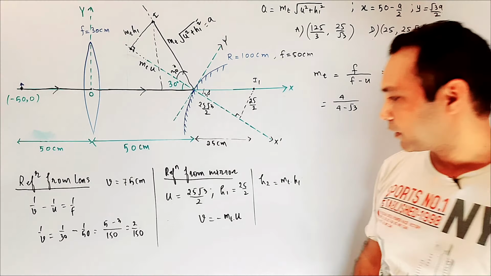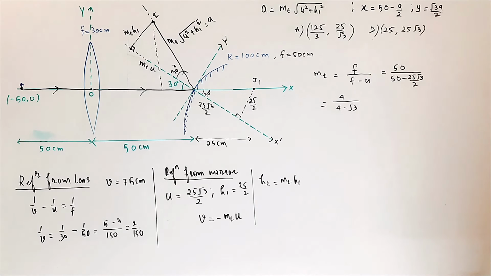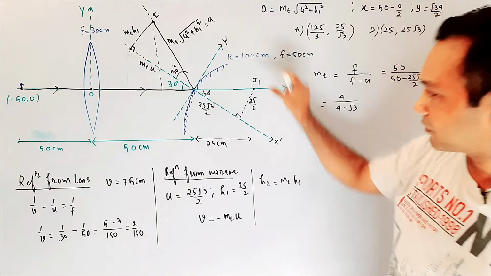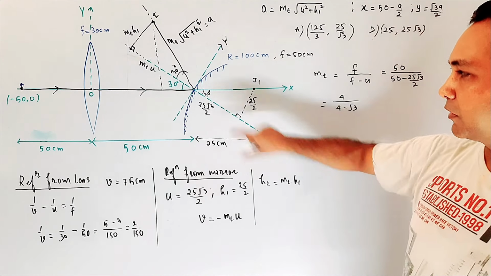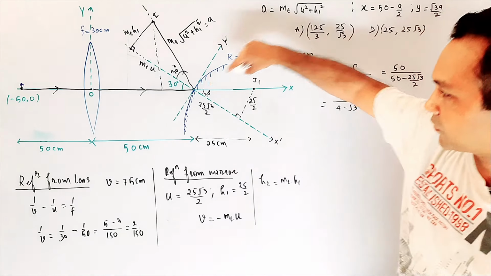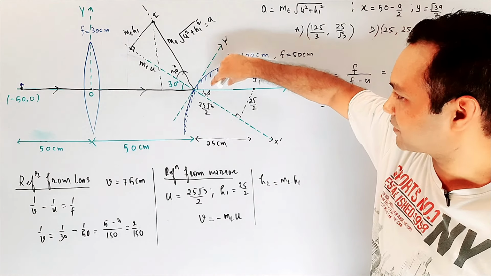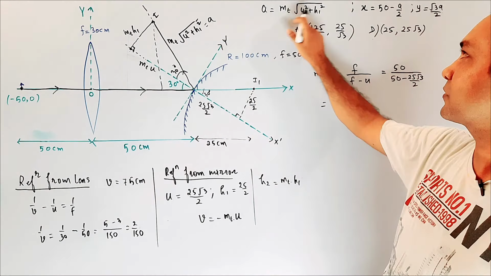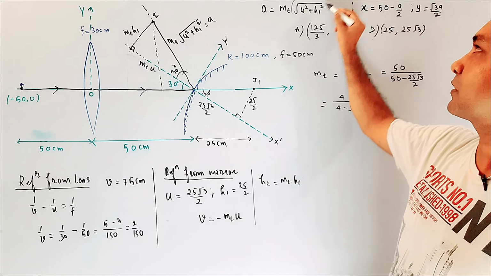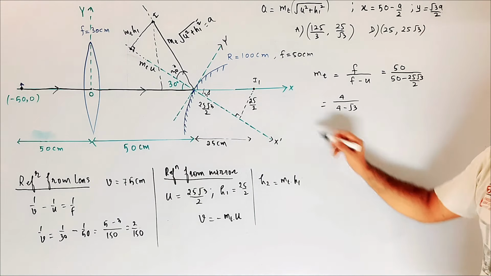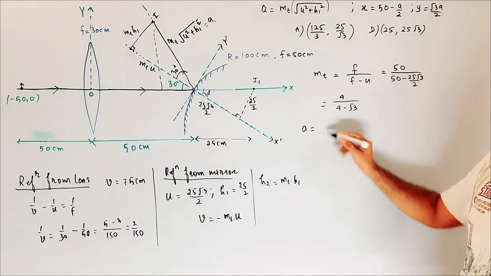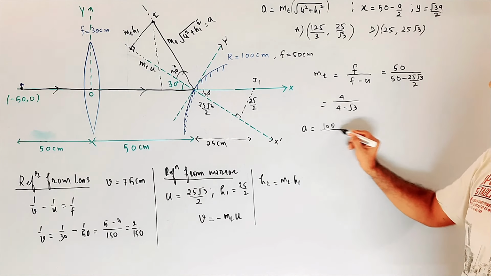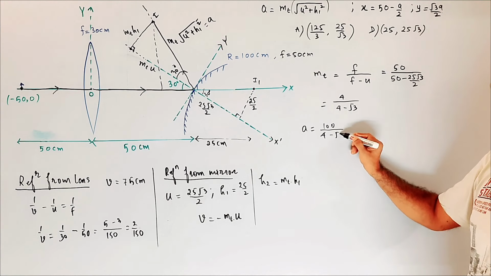And you see one thing, this is u and this is h1, right? u square plus h1 square is this square, and this is actually 25 centimeters, so this is 25. So A is 25 into 400 divided by 4 minus root 3.